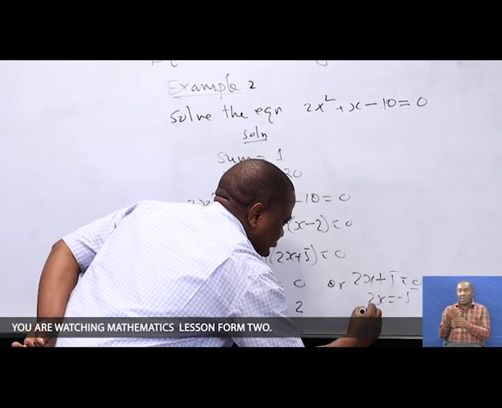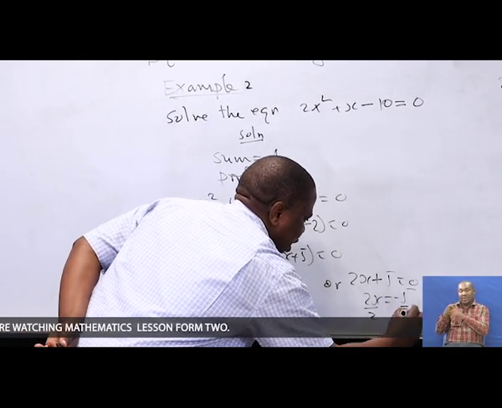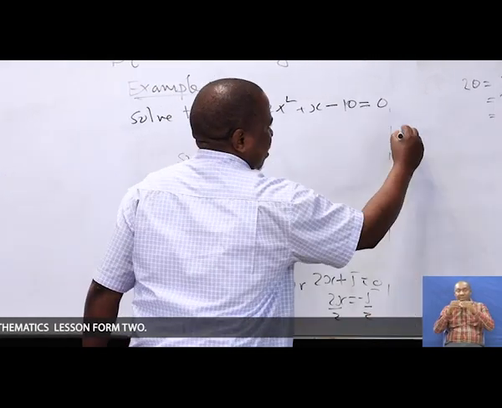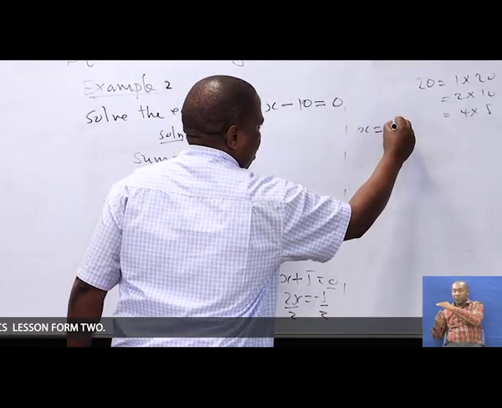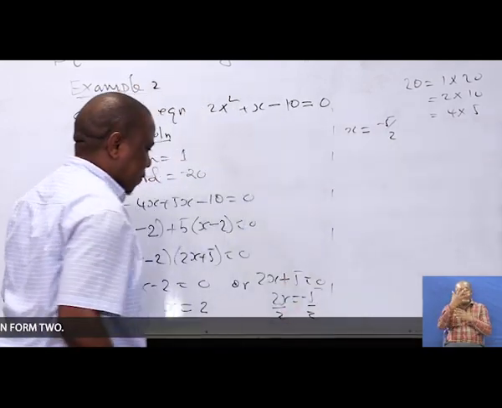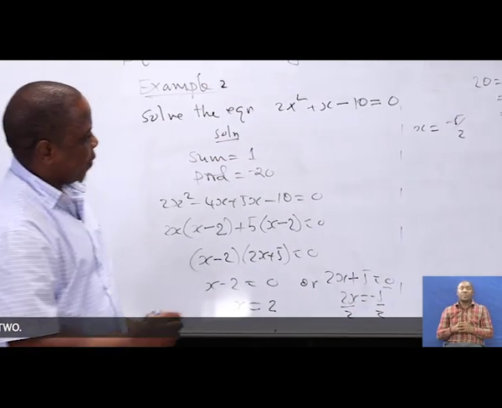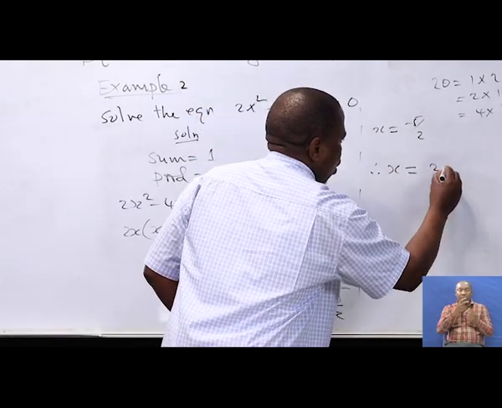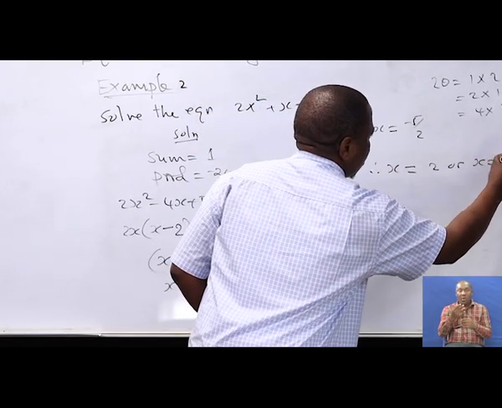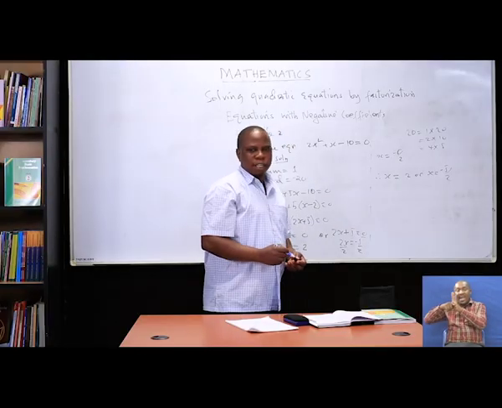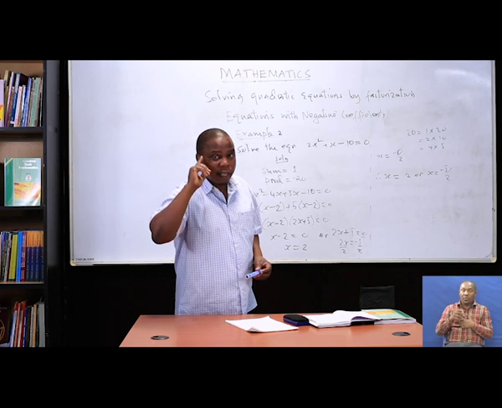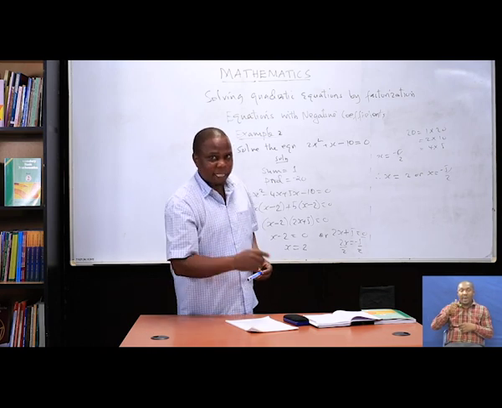Upon dividing by 2 throughout, you will have x is equal to negative 5 over 2. Therefore, x is equal to 2, or x is equal to negative 5 over 2. That's how you can solve the quadratic equation with the constant term negative.